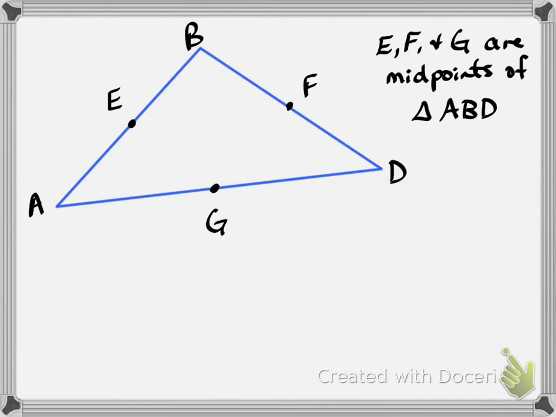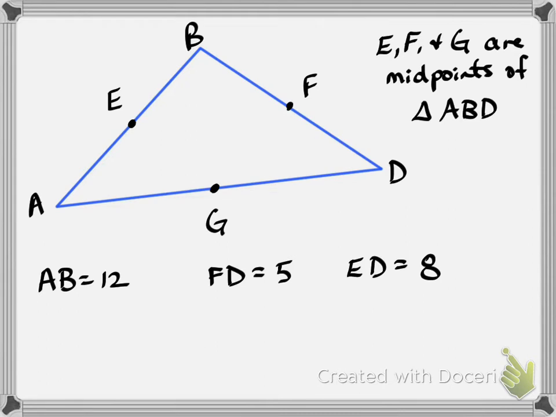So I'm going to ask you lots of different lengths. I'm going to tell you that AB is 12. FD is 9. I guess it doesn't look like a 9. Let's do FD is 5. And let's say that ED is 8.